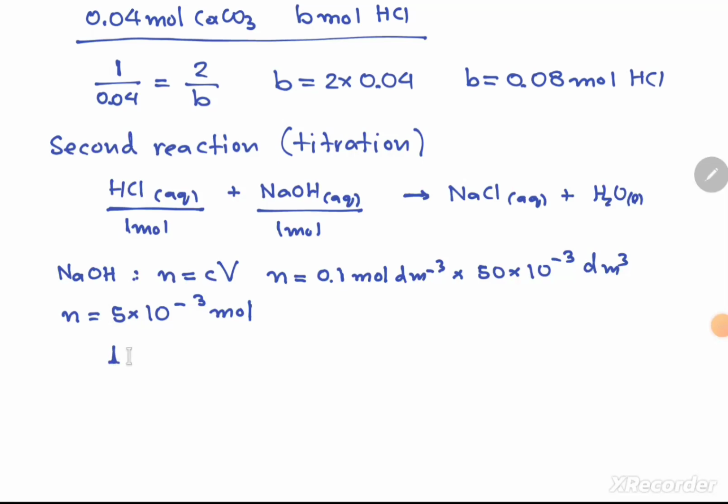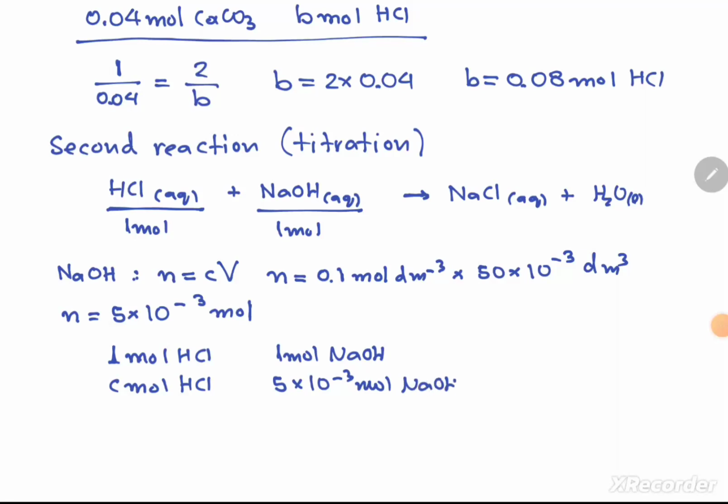And now we can find the moles of hydrochloric acid. 1 mole reacts with 1 mole. So the same moles of hydrochloric acid react as the number of moles of sodium hydroxide, and we have the ratio.